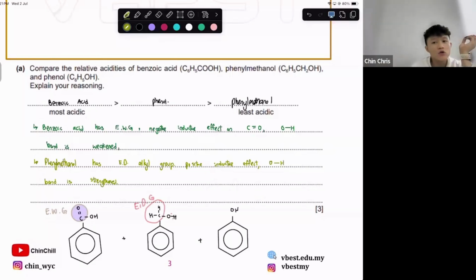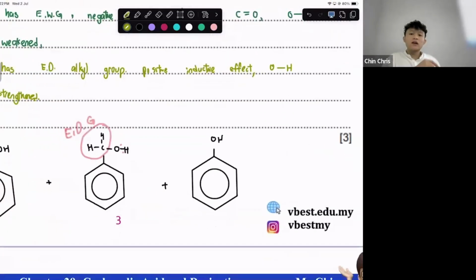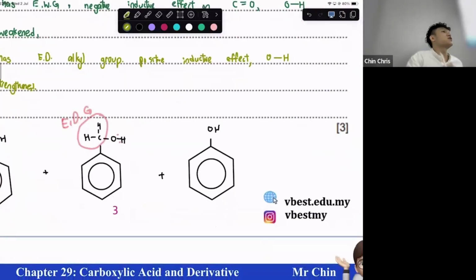Guys, let me tell you, questions like that are 100% coming out in your exam. 100%. Now you either get acidic or basic. Look at this, I already circled it for you guys. Phenol. Can anyone tell me why phenol is a weak acid? What's the reason we just did?